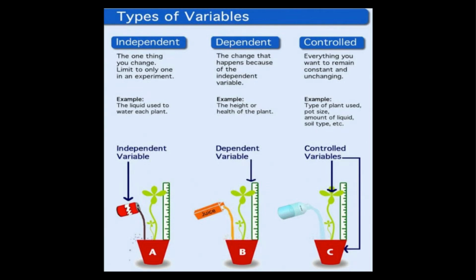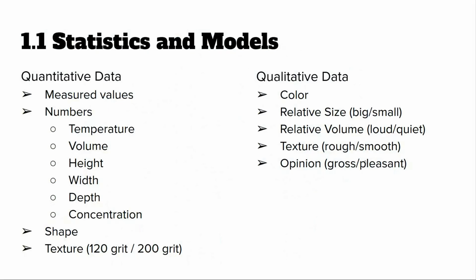So the type of plant is the same, so it's the same species, it's the same pot size, the same soil went in, the same temperature is probably going to be used. If we were doing this in real life, we would put them in the same room or the same greenhouse. That way they get the same amount of sunlight, same temperature, same airflow, same humidity. And we're also going to control the amount of liquid given. I know it's not pictured here, but we would probably measure them out and then give them that way.